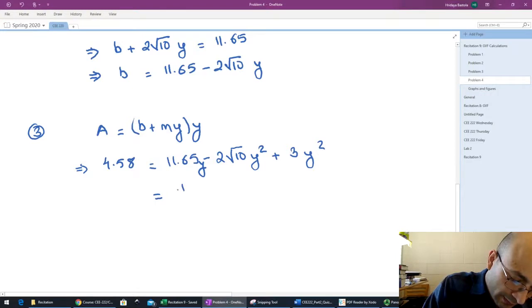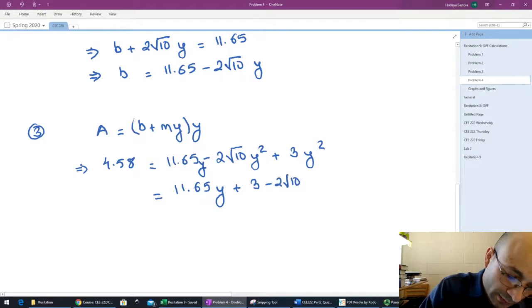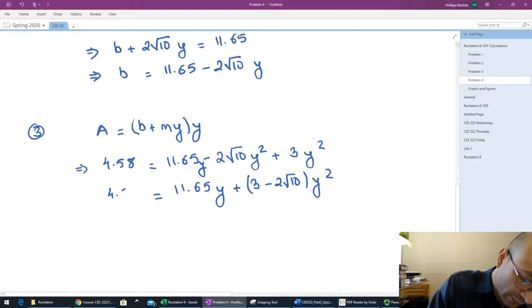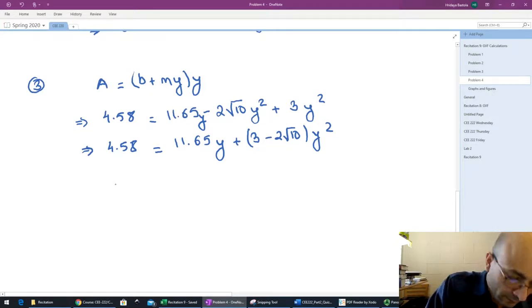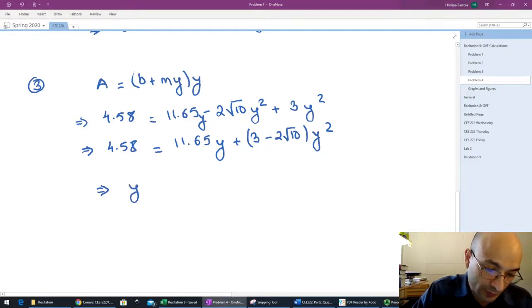So 11.65 y plus 3 minus 2 square root 10, y squared equals 4.58. We can then solve this equation to get solution for y.